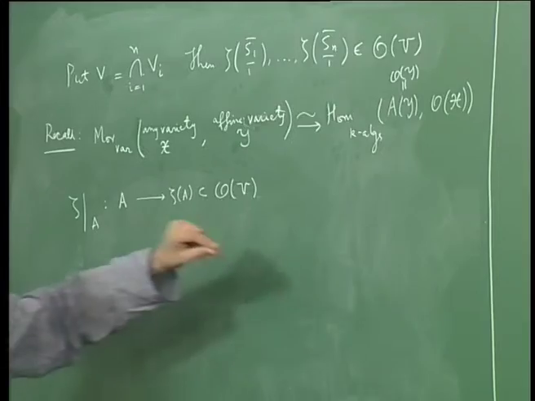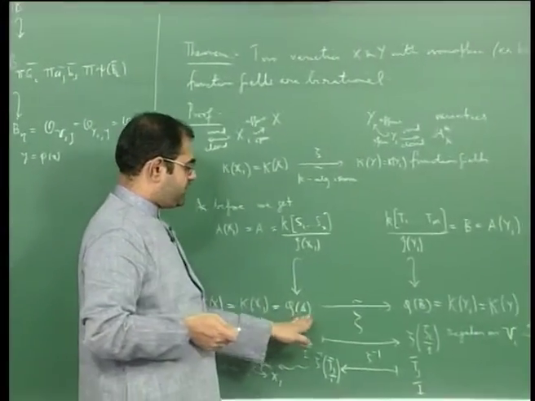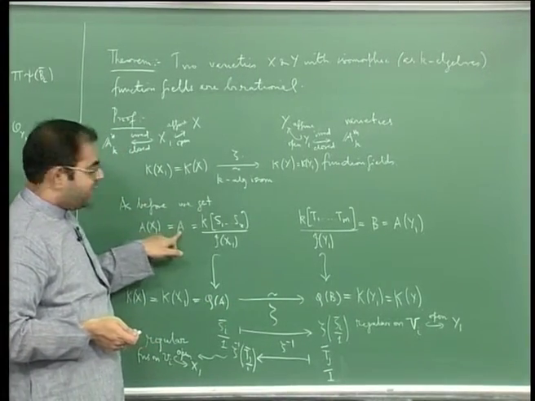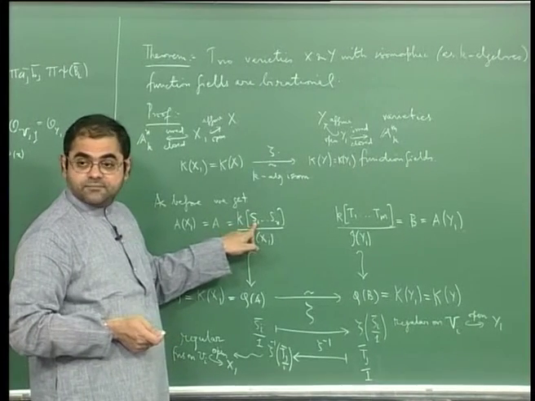You see, zeta is from the quotient field of A to the quotient field of B, alright, and what is any element of A? Any element of A is a polynomial in the Si bars, okay.